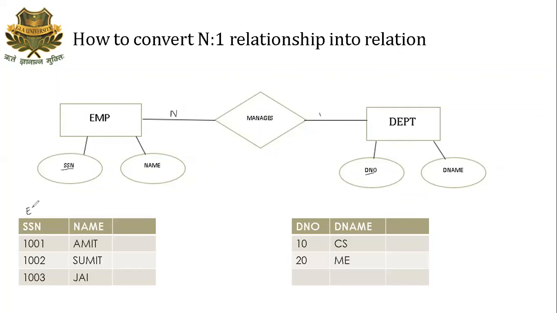This relation is the EMP relation, and the second relation is the department relation. In both relations, I just added two attributes only. In EMP, I added the social security number and name, and in department, the department number and department name. Now, see the effect.